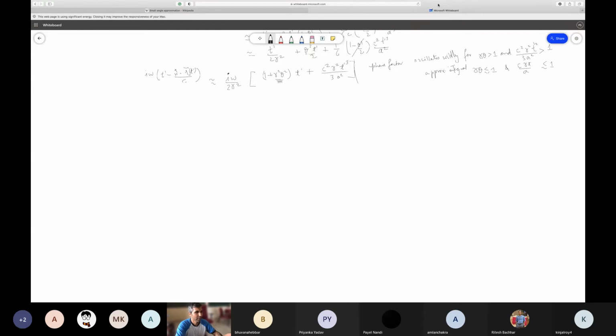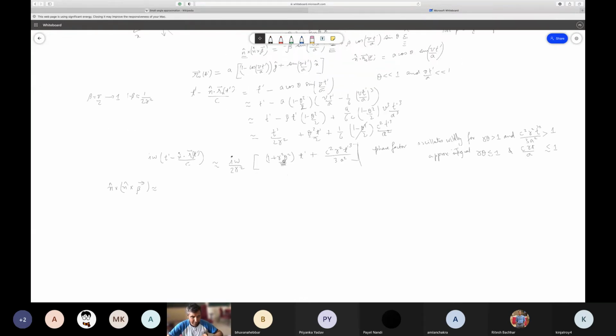So let's see, n hat cross beta, this is approximately, so again this can also be approximated a little bit. So let's see, how do we approximate this?